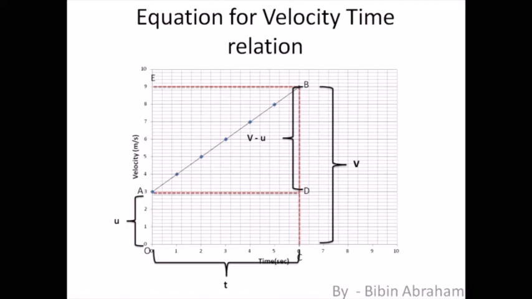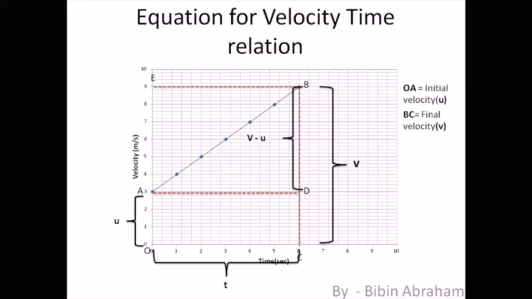It will be better if you write all the labels in your copy so that we do not have to get back to the diagram again and again. So OA is your initial velocity, that is u. BC, can you see BC?